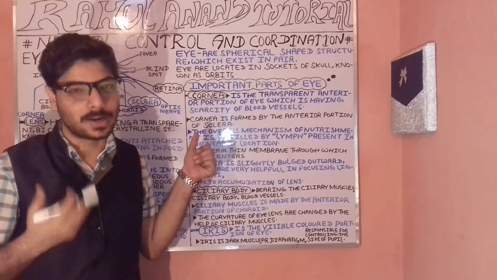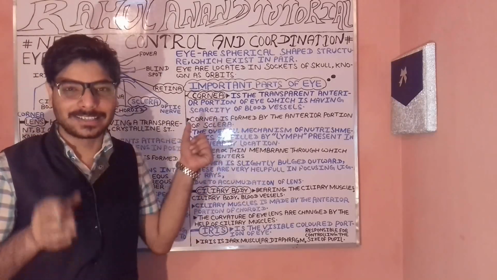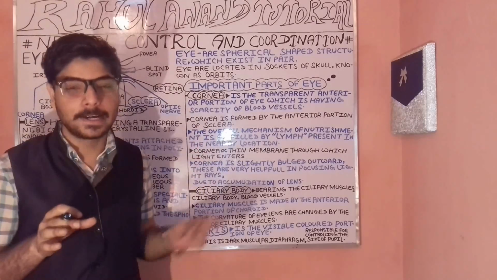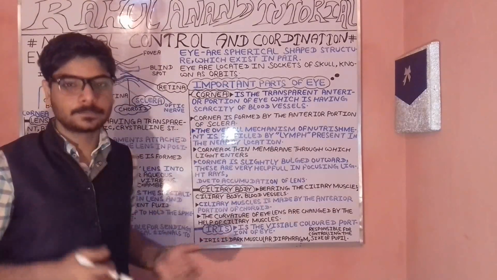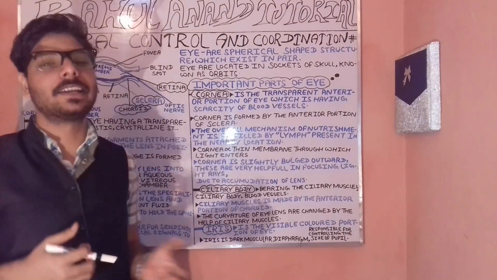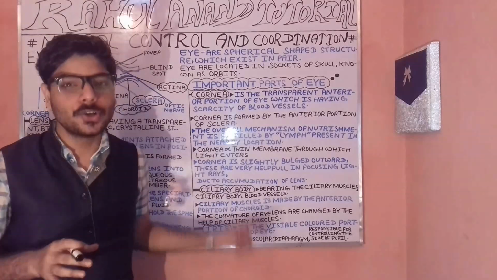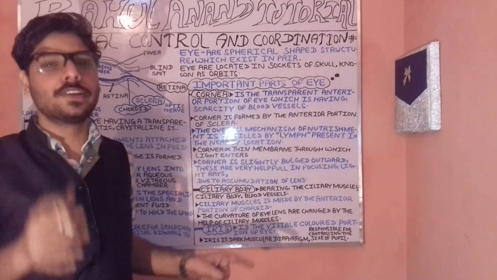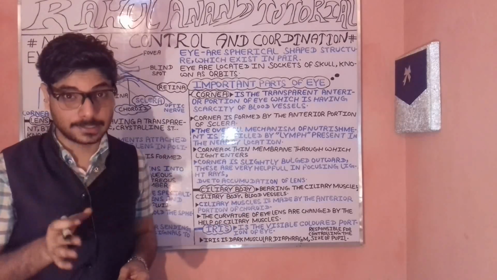What is the lens? It is a crystal-like structure. When we talk about the ciliary body, it has certain parts such as the ciliary muscles, the ciliary body, and the blood vessels.